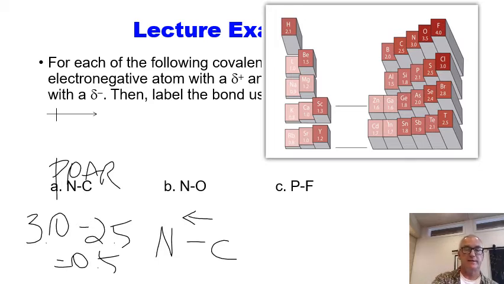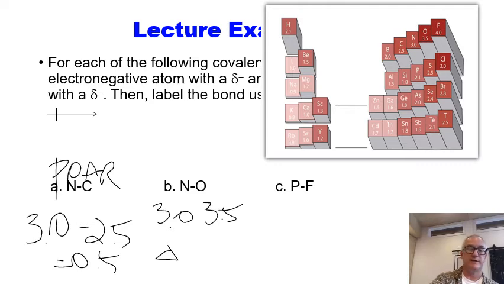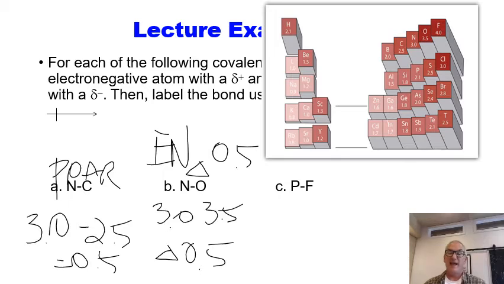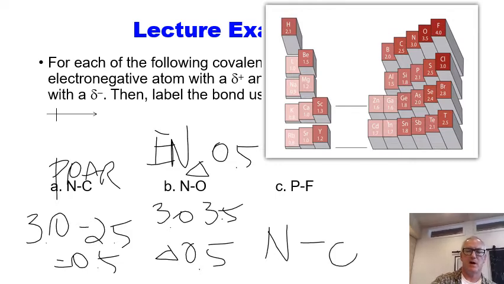So let's look at nitrogen and oxygen. So nitrogen, we know already, is 3.0. Oxygen is 3.5. So again, that's a difference. We say delta for difference of 0.5. So we would say ΔEN for electronegativity difference 0.5. So again, that's polar but not super polar. So we have our nitrogen, our oxygen.